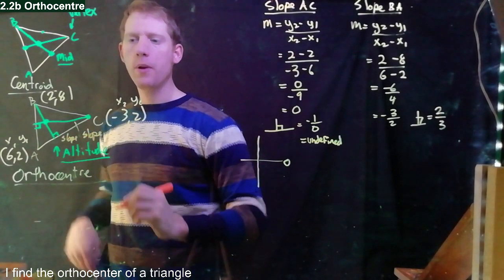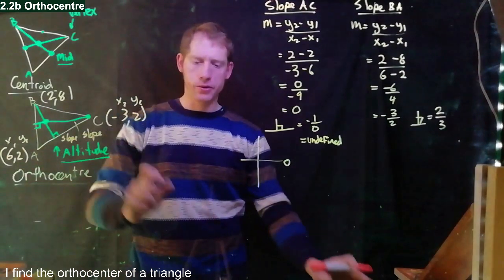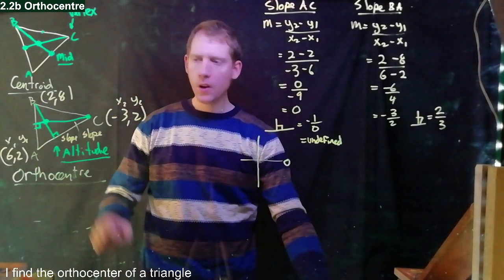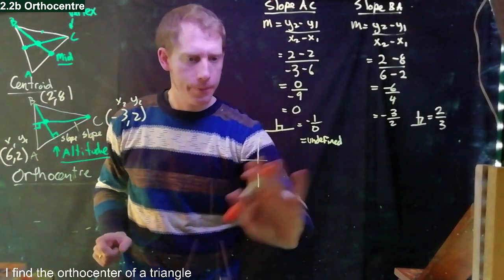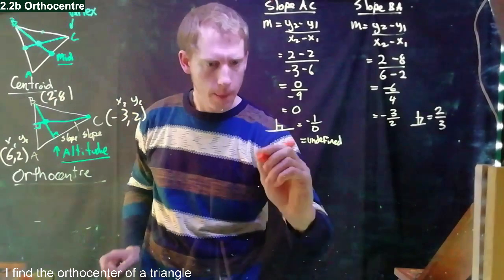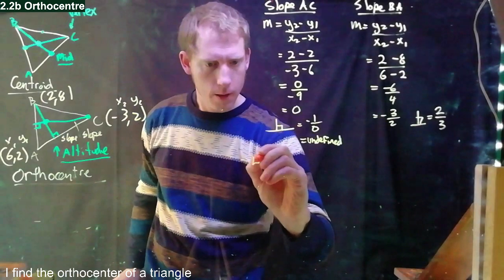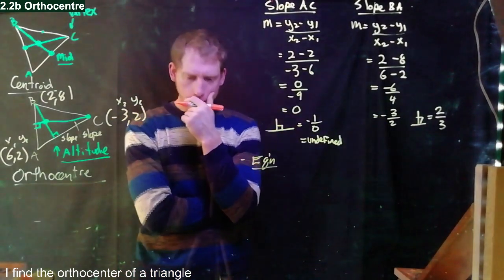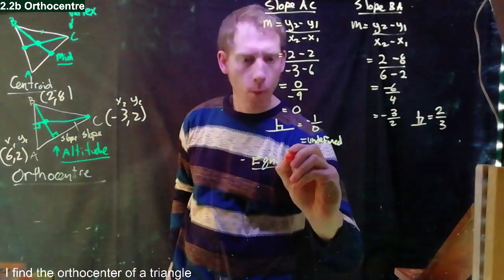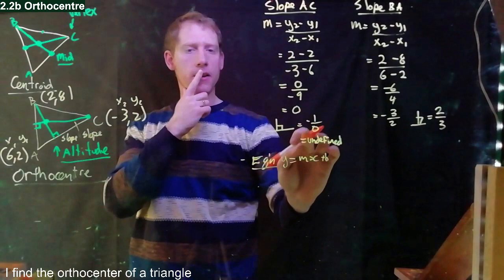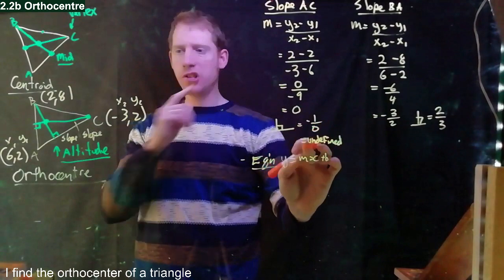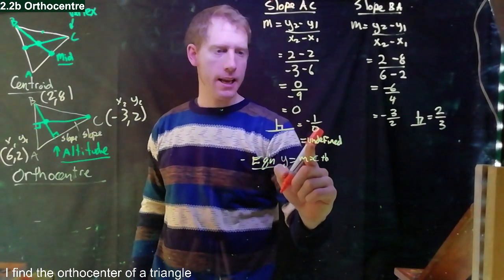So we wanted to determine the equations of altitudes. Those green lines. And we can determine the equation now. The equation is going to be y equal to the perpendicular slope, which we got here, undefined.